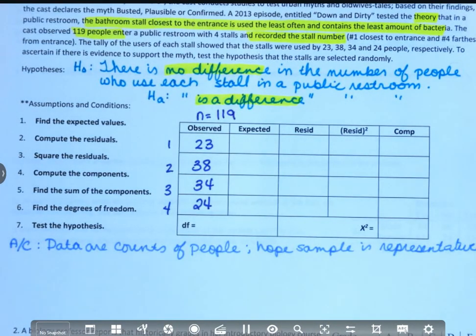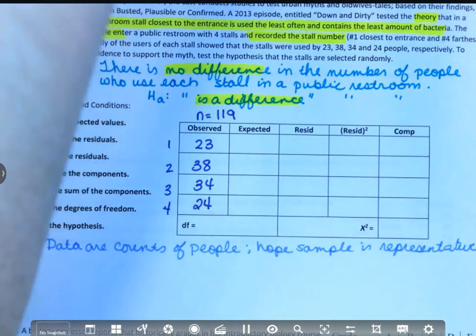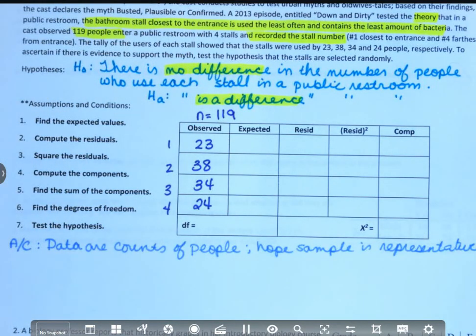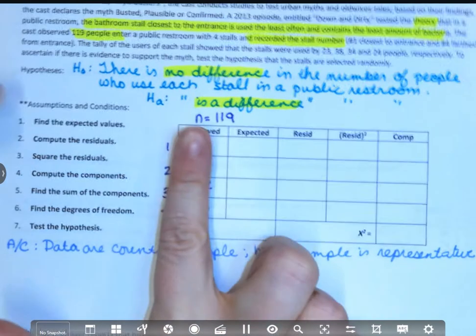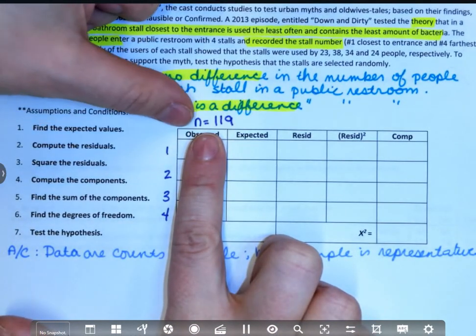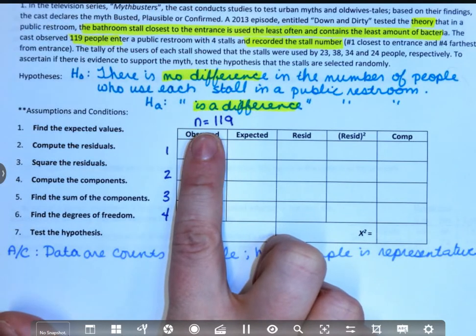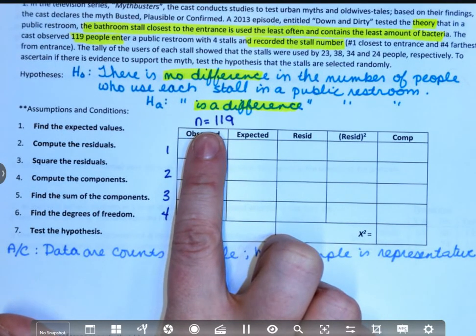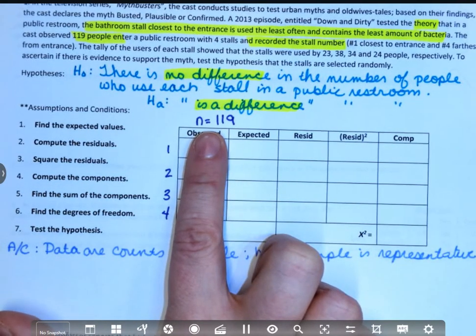Now, our null hypothesis is that there is no difference in the number of people who use each stall. If there is no difference, how can I figure out what I would expect? If there's no difference in stall usage, what should you expect? How many would you expect to be in the first stall? Divided by 4.